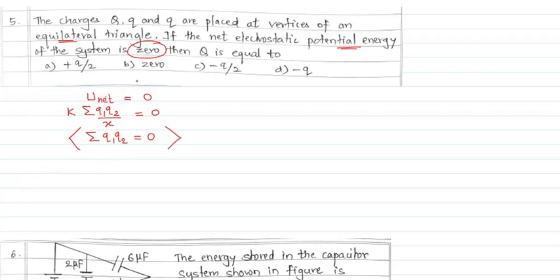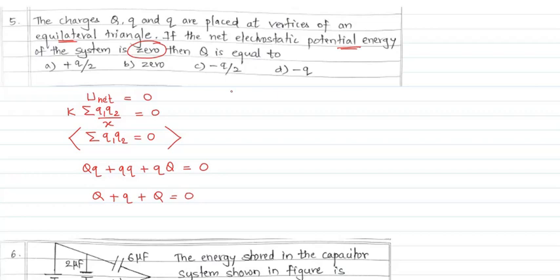Now substitute. You take the cyclic product of charges: capital Q into small q plus small q into small q plus again small q into capital Q will be equal to 0. Now take small q common, it will go on that side, so you'll have q plus small q plus capital Q is equal to 0.